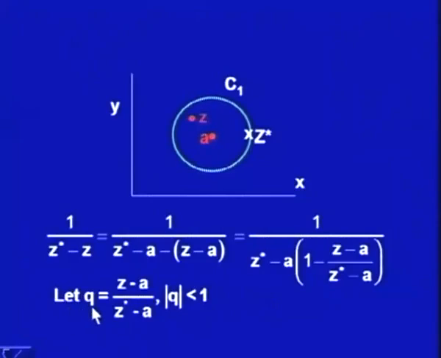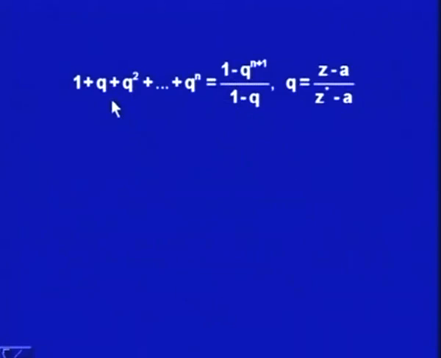So, if I denote q as (z minus a) divided by (z* minus a), then I know that modulus of q is less than 1, and if it is less than 1, then this is a geometric series, and in fact these are the first n terms of the geometric series, 1 plus q plus q square up to q^n.